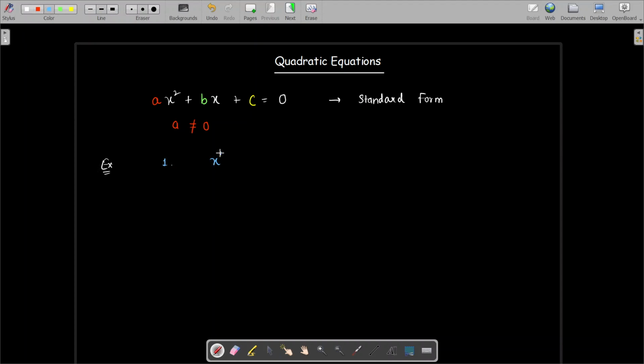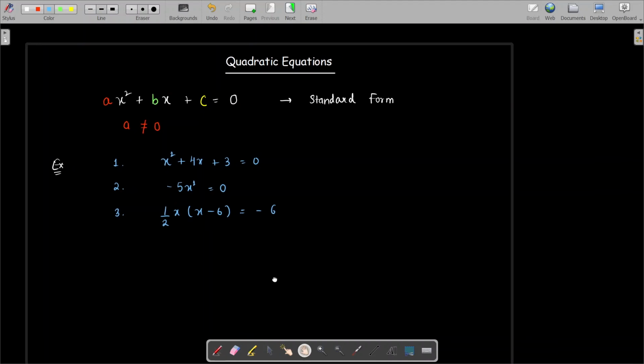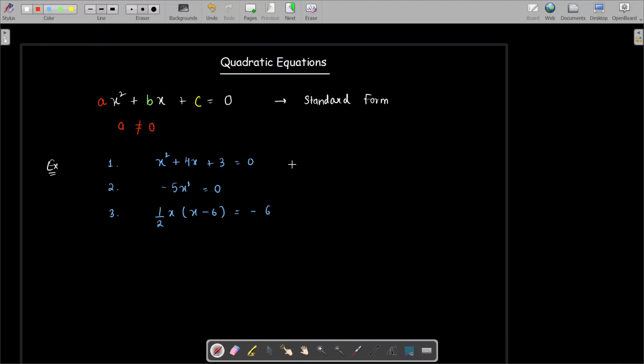So examples could be x² + 4x + 3 = 0, or -5x² = 0, or 1/2 of x times (x - 6) = -6. Now if you had to tell me the values of a, b and c, in the first equation we have a is 1, the coefficient of x², b is 4, and c is 3.